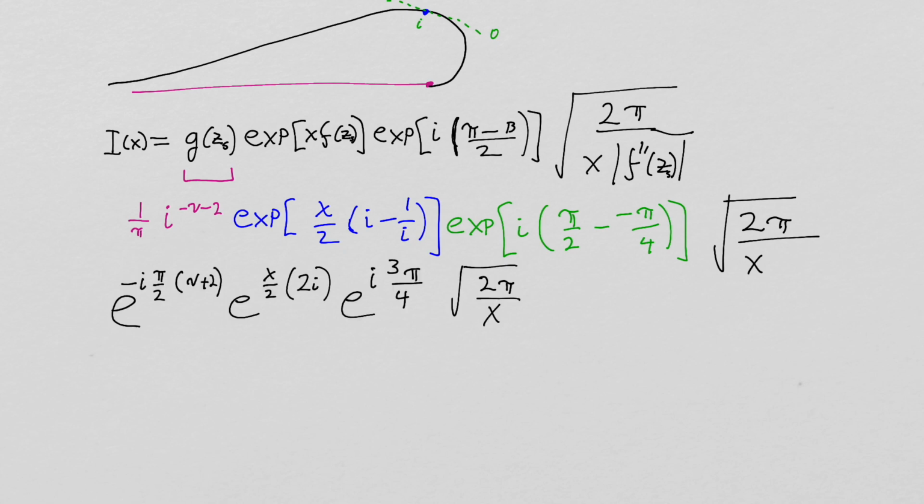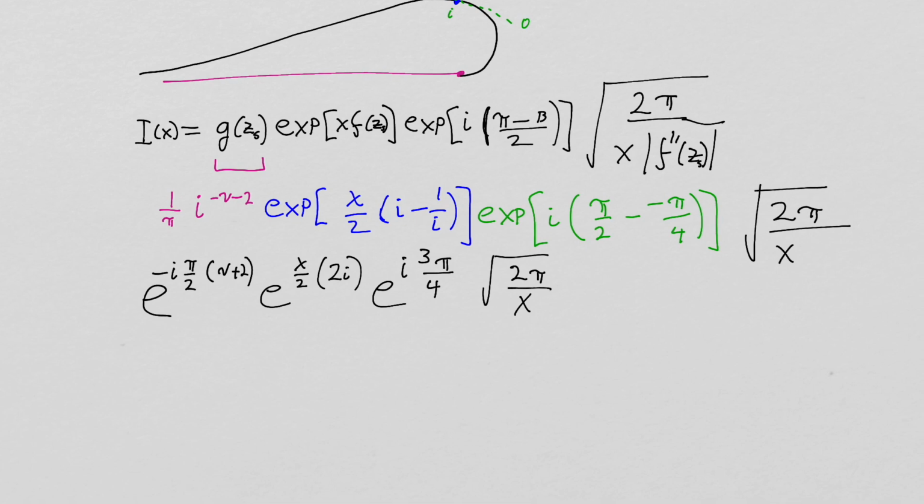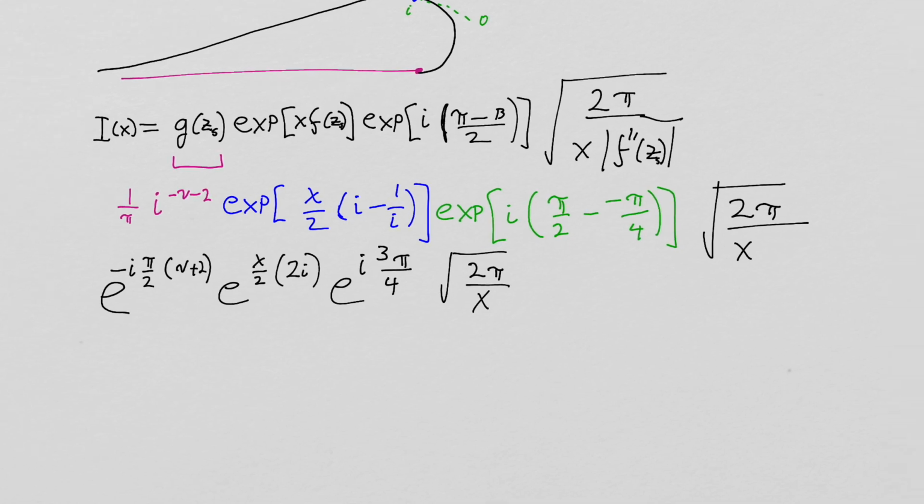And so we do that. This simplification here, this minus, that's me taking this and putting it in polar form. So i becomes e to the minus i pi over 2. What happens to this 1 over pi, though?